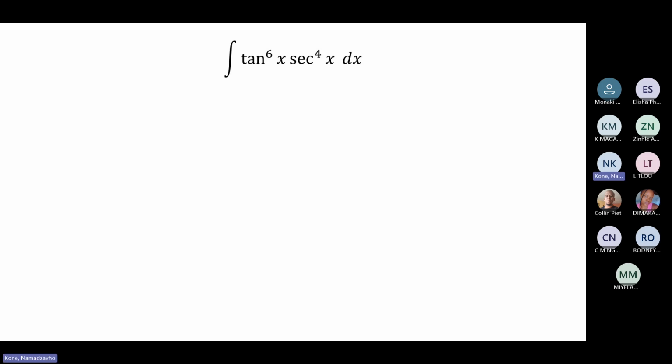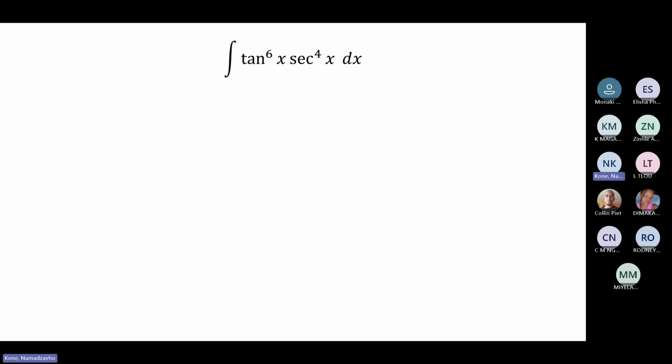Sorry, pardon me. The derivative of tan x is sec squared x. If you go to the table there, it is sec squared x, and the derivative of sec x is sec x tan x.